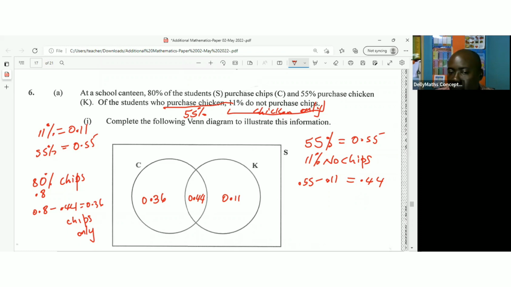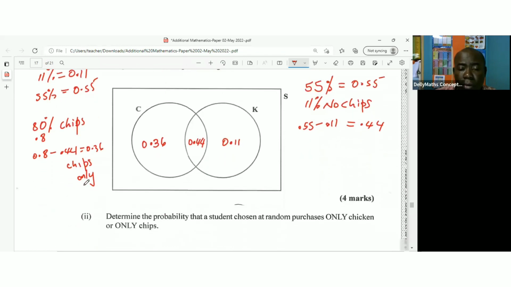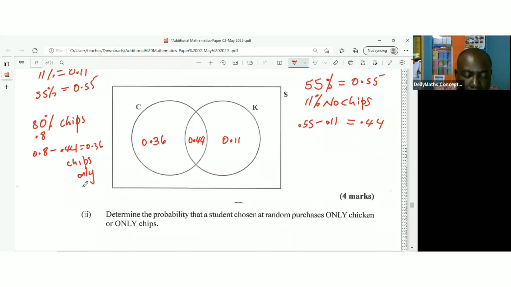Remember though that everything must come to 1. So if everything must come to 1, we're realizing that we do not have 100% here. So some students did not purchase anything. So for example, if we say 1 subtract 0.36 plus 0.44 plus 0.11, whatever remainder we get would be that outside.